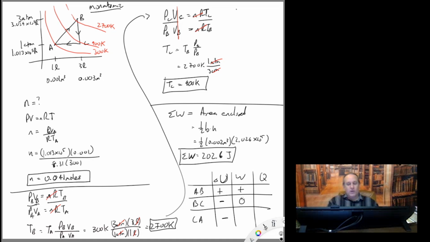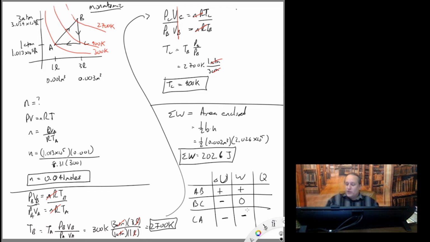So no work going from B to C. We can also think of that as a characteristic of an isovolumetric process, or we could say there's no area underneath a vertical line, or we could say if the volume doesn't change, nothing's moving, and if nothing's moving, there's no work done. A whole bunch of ways to see that the work from B to C is 0. And then from C to A, because it moves to the left, we get a minus sign.